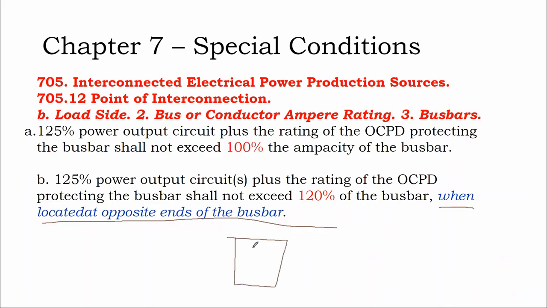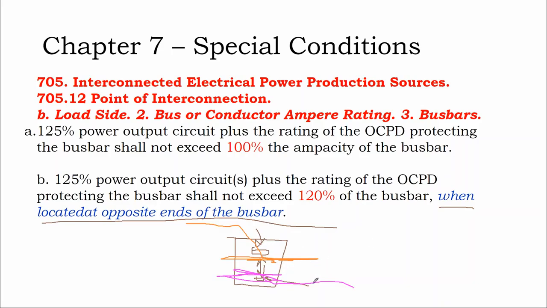And that circumstance is when the supply of power source A and the supply of power source B are located as far away from each other as possible so that their mutual power sources get used up before they interact with each other. So the bottom source feeds the bottom loads, and the top source feeds the top loads, and they don't mix to combine to be more than 240 amps or whatever.